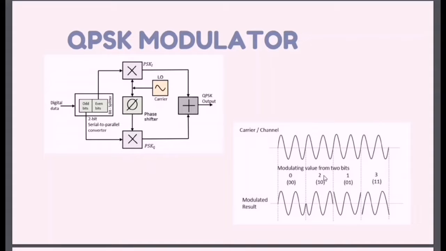The QPSK waveform for 2-bit input is as follows, which shows the modulated result for different instances of binary input. For 00, it is phase shifted by 0 degree, 10 is shifted by 180 degree, 01 is shifted by 90 degree, and 11 is shifted by 270 degree.